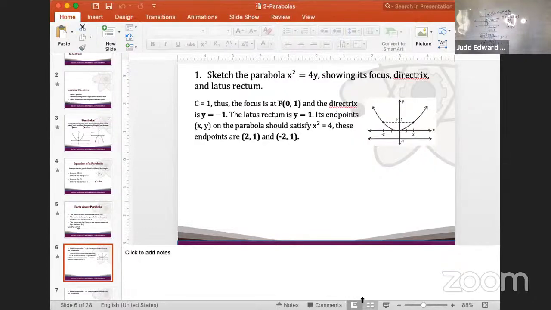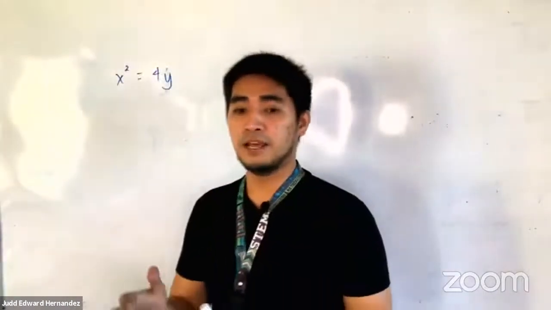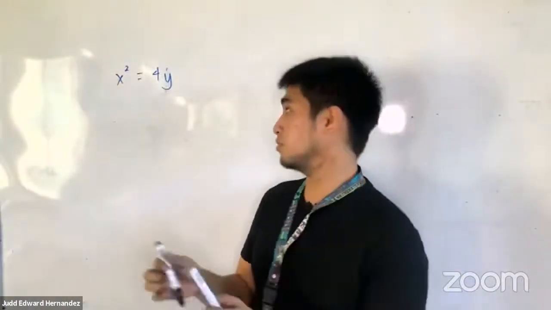Sketch the parabola x squared is equal to 4y. Okay, so we are to sketch the parabola with the equation x squared is equal to 4y.